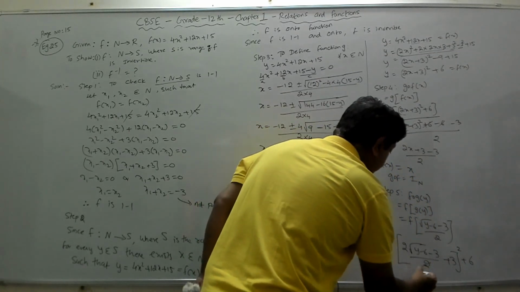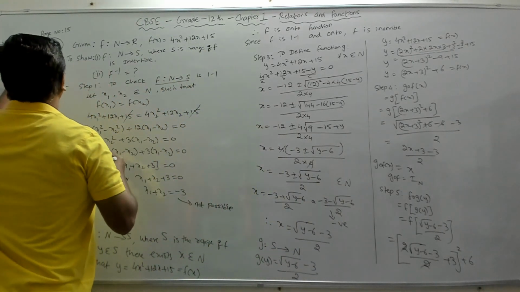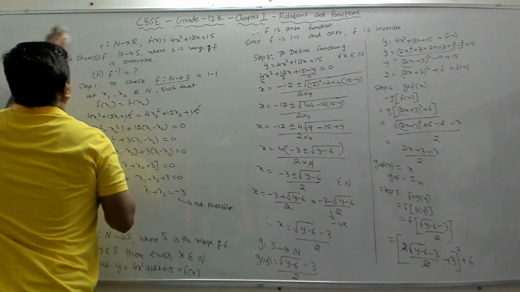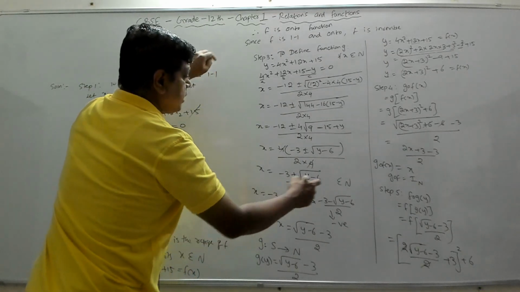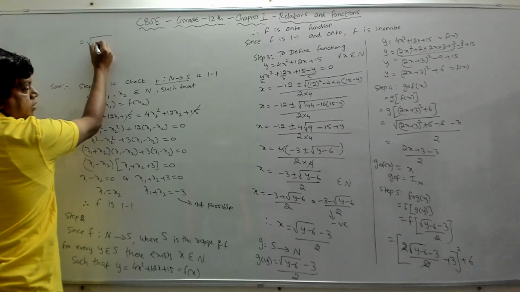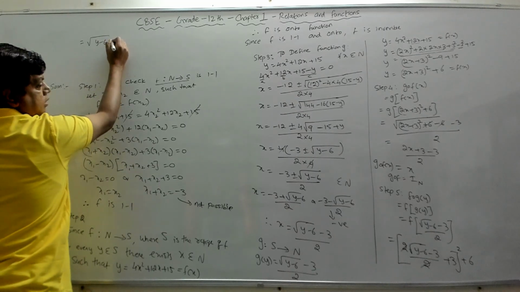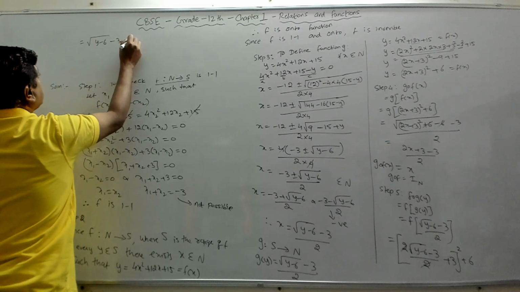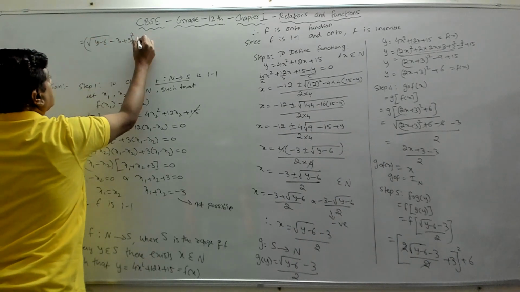So what will happen? The 2 will get cancelled. Right? So what do we get here? If they get cancelled, then we'll get square root of y minus 6 minus 3 plus 3 the whole square plus 6.